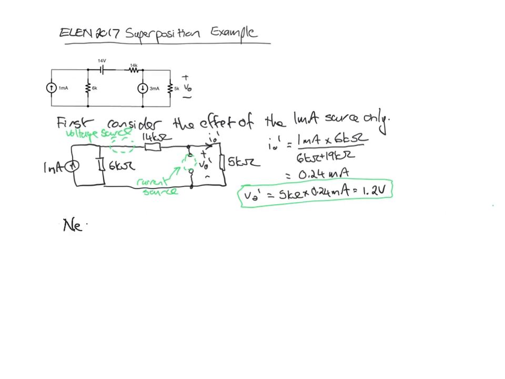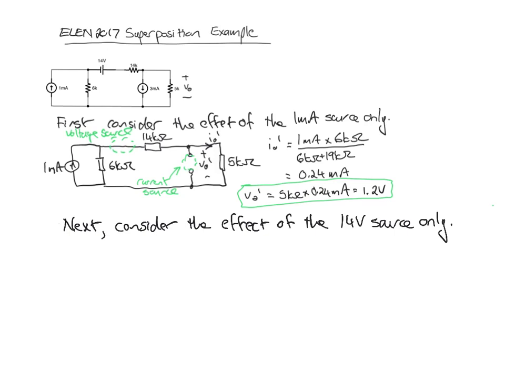Next, we're going to consider the effect of the 14 volt source only. If we omit the other sources, our circuit looks like this. Here we open circuit the 1 milliamp source, and then we've still got the 6 kilo ohm resistor.